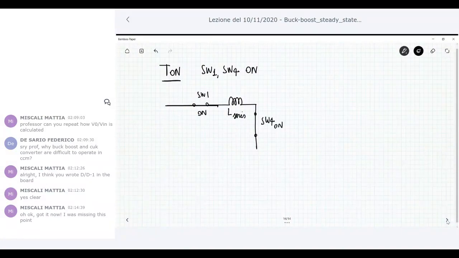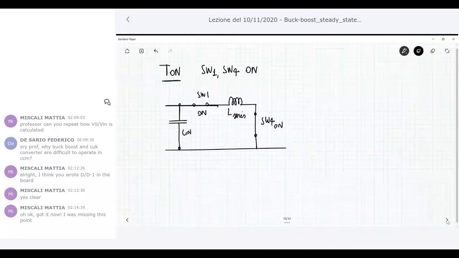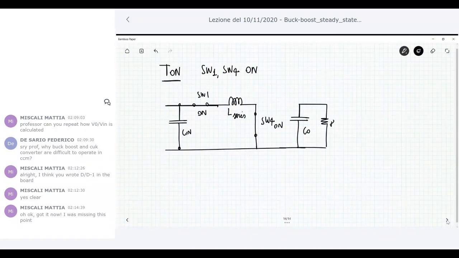And then you have here the switch 4. The circuit is this one. C naught, and then you have the output resistance R.